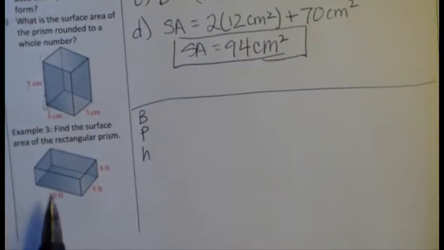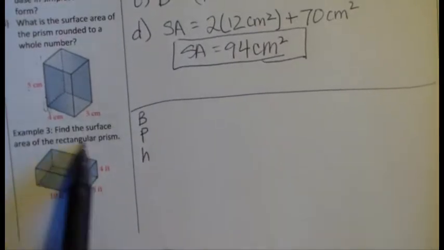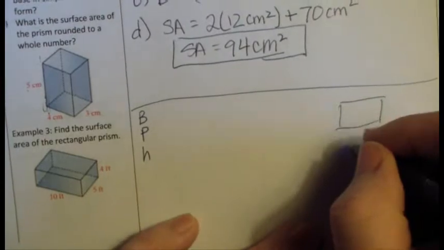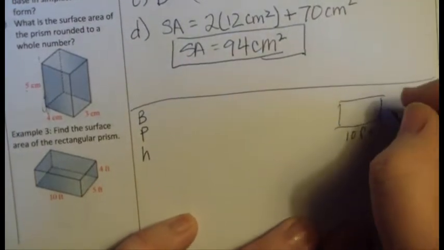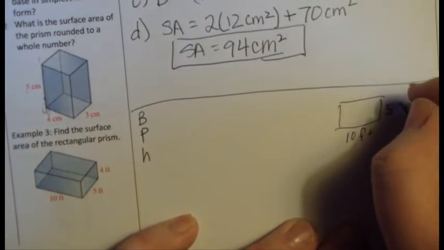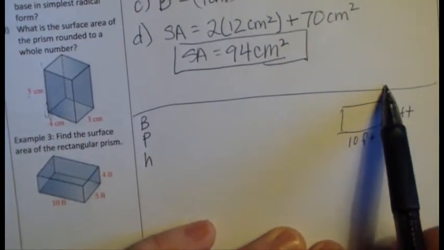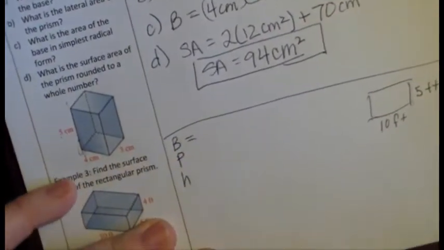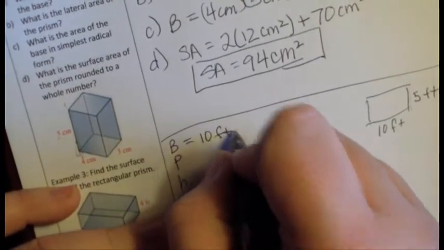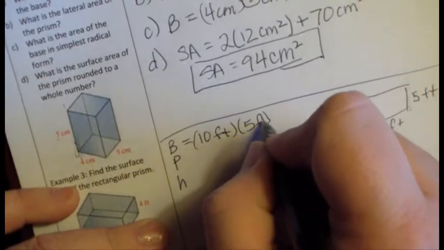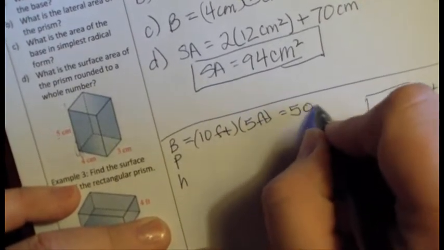So base area, we've got a rectangle with a side length of 10 feet and a side length of 5 feet. So our base area is just base times height, 10 feet times 5 feet, which is 50 feet squared.